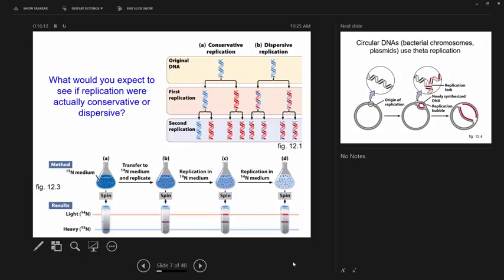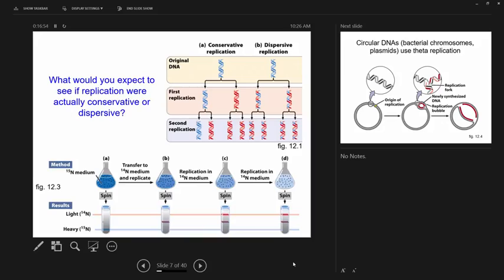All right. So what would happen instead if you were having dispersive replication like this? Right, it would all be in the middle, same as this, after the first generation. So what would happen to the second generation? That's the same. How did they know it wasn't dispersive then? Because it's semi-conservative, at the second generation you get the first appearance of the 100% light DNA.